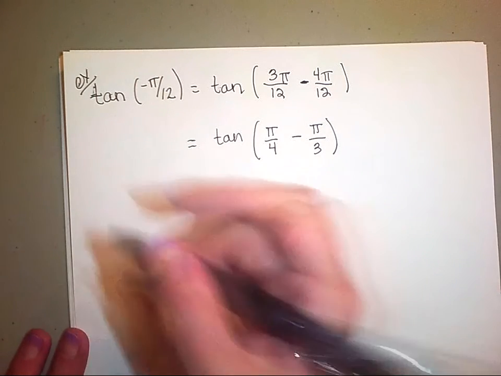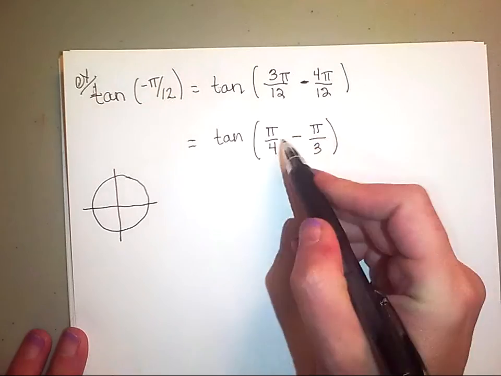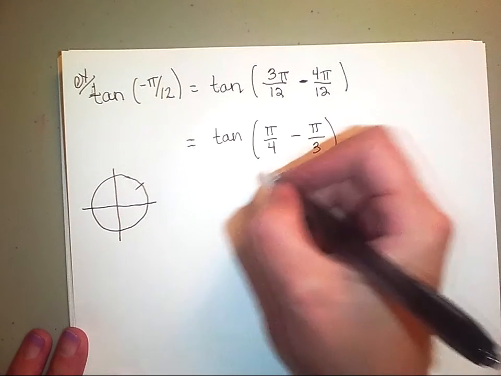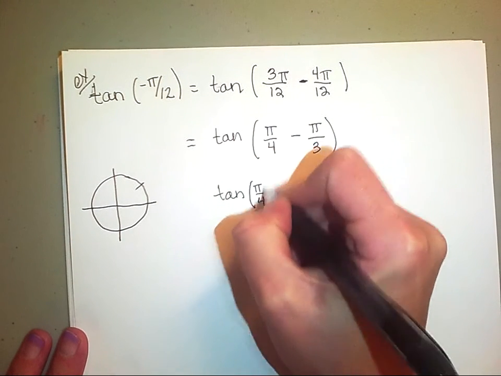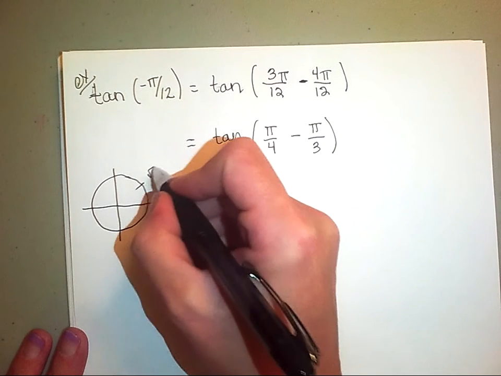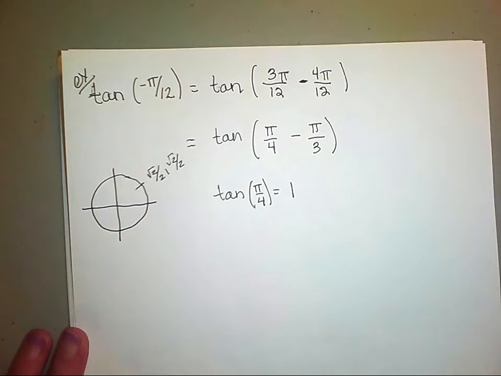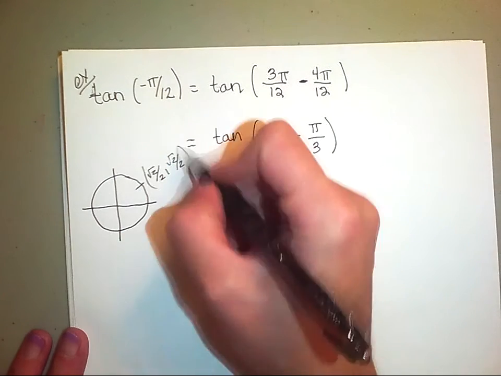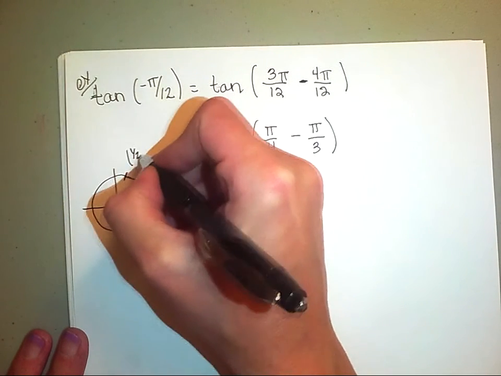Now let's find out what these tangents are to begin with. The tangent of pi over 4 is easy. That's just root 2 over 2 over root 2 over 2, so that's just equal to 1. Now pi over 3 is up here.